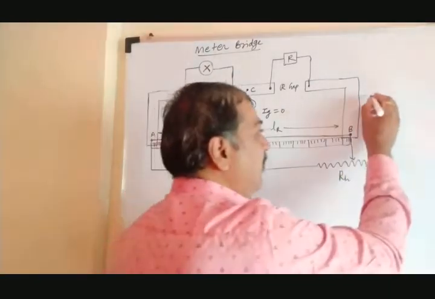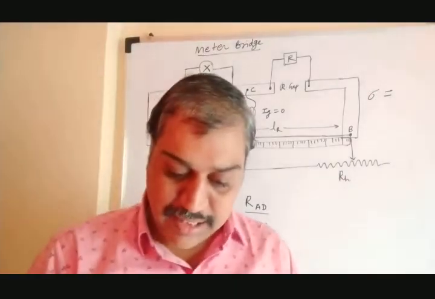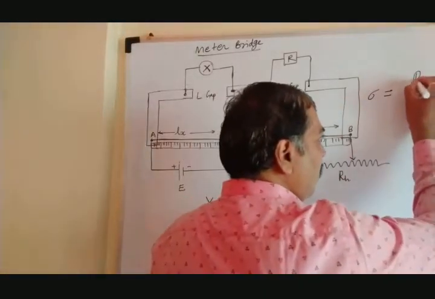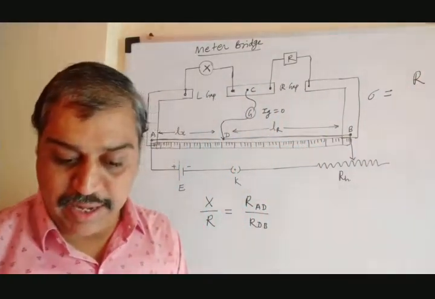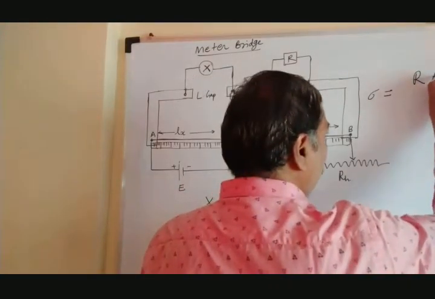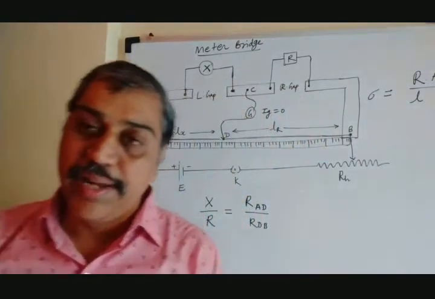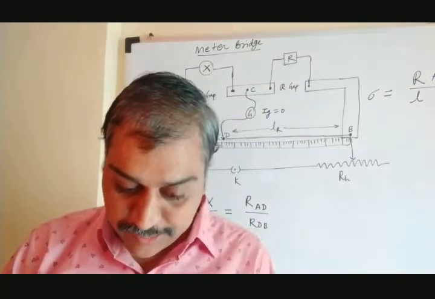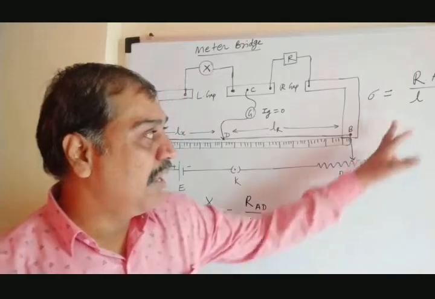Specific resistance sigma is equal to the resistance of the wire or metal, into the area of that particular wire, divided by the length of the wire. This equation we have already learned, so we are going to use sigma equals resistance into area divided by length.